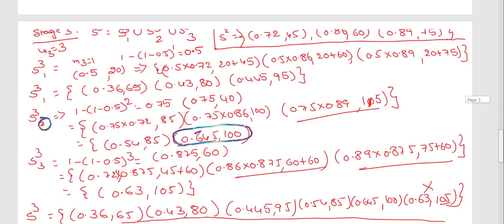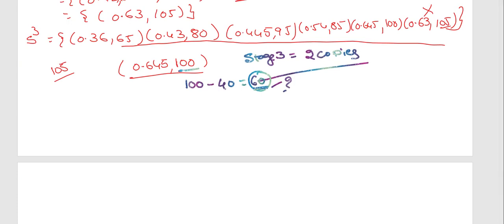That means I will write down here. The meaning of this is that stage 2 also maintains 2 copies. What is the remaining cost? Here already 60. The stage 2 cost is 15. So 15 into 2, 30. 60 minus 30, the remaining cost is 30.